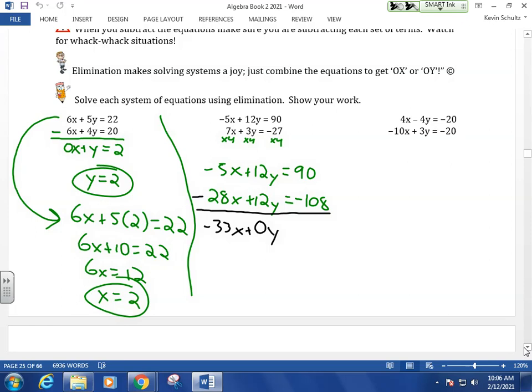Then here's where we've got to be careful. 90 minus negative 108. Both the subtraction that we're doing to the system and the sign of that 108 need to be accounted for. 90 minus negative 108 is actually 90 plus 108, and that gives us positive 198.